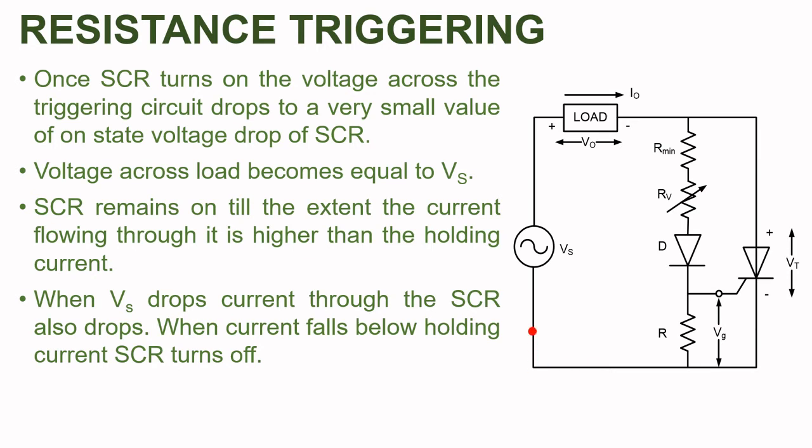The SCR will remain on till the current flowing through the SCR is higher than the holding current value. Once the source voltage reverses, the current flowing through the SCR will fall below the holding current value and the SCR will turn off.